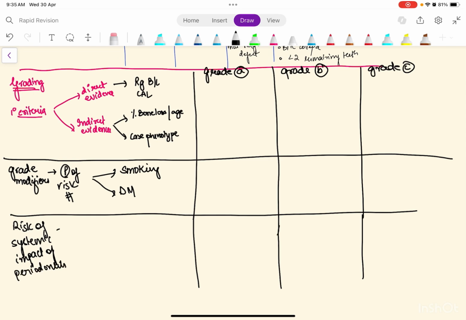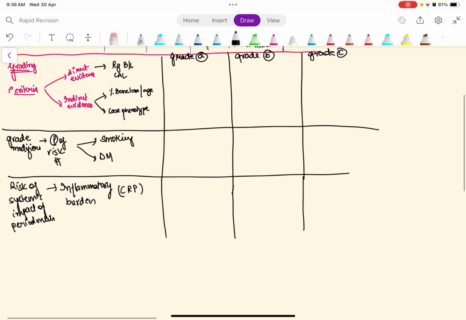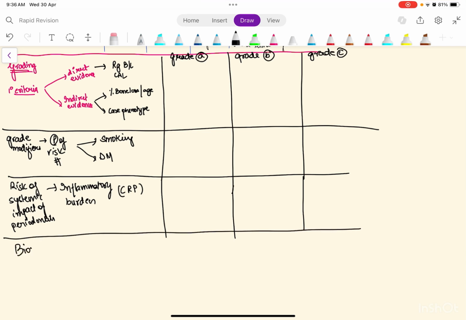This is basically the inflammatory burden, so here you're talking about C-reactive protein. And the last one which you will talk about is the biomarkers, basically the indicators of clinical attachment loss and bone loss.